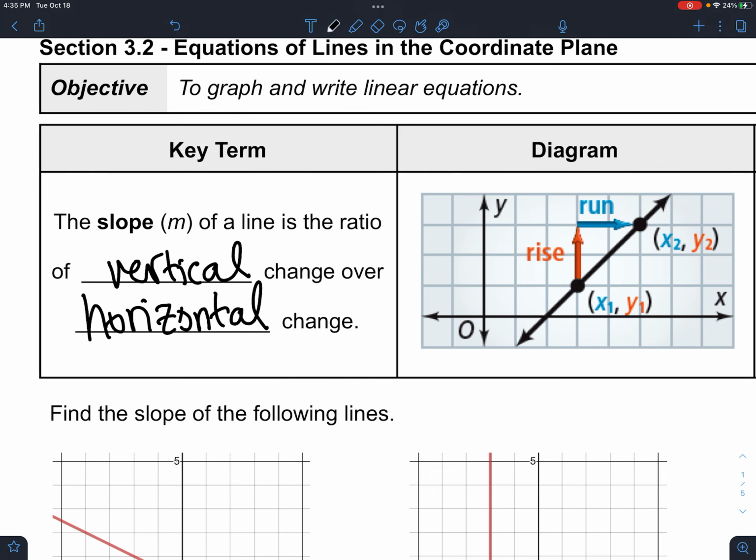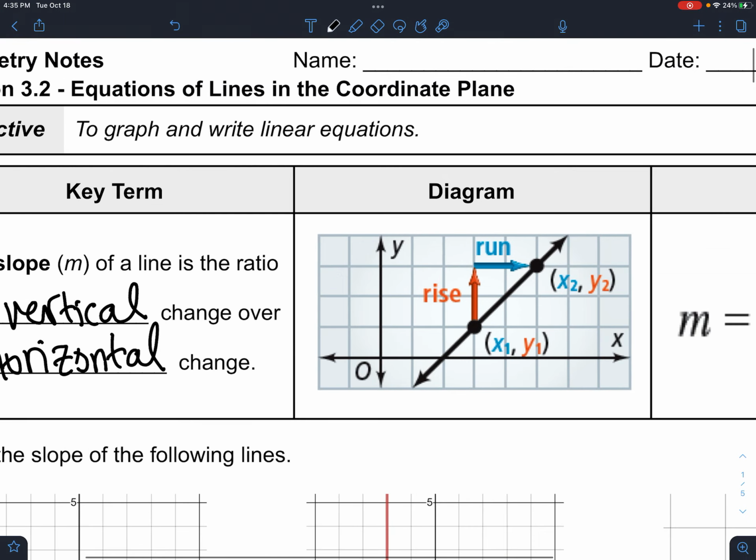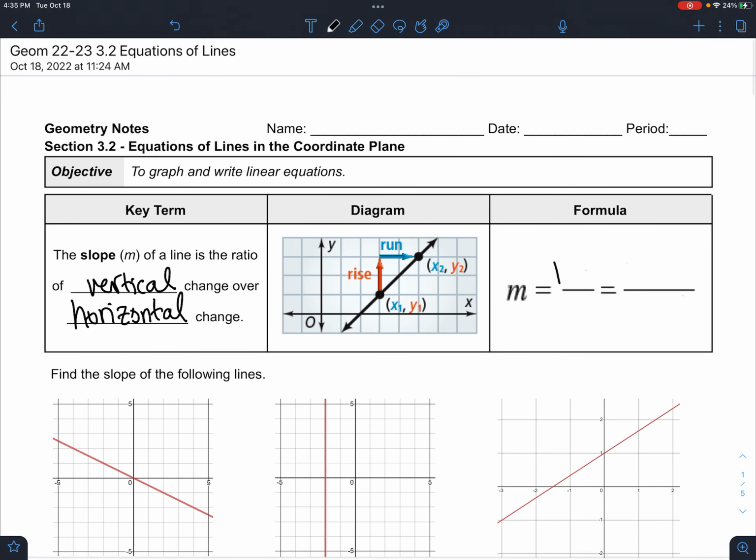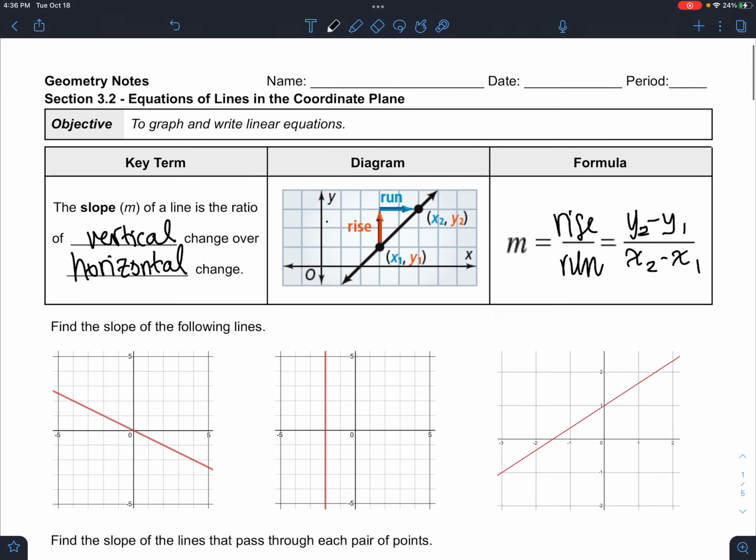It's a way to quantify the tilt of a line, really. And the way we do that is with rise over run. Or if you know 2 points, you can do this formula. Okay?